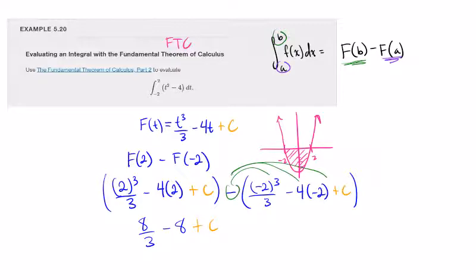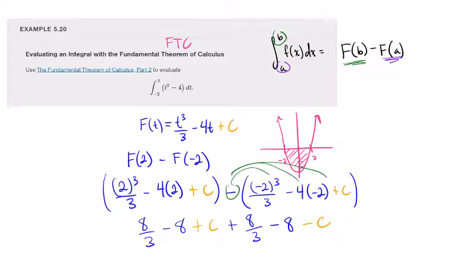So -2 cubed is -8, but I have a negative in front, so that turns into +8 over 3. Then here I have -4 times -2, which is +8, but then I apply that negative to it, so it's actually -8. And then the negative applying to this positive c gives -c.